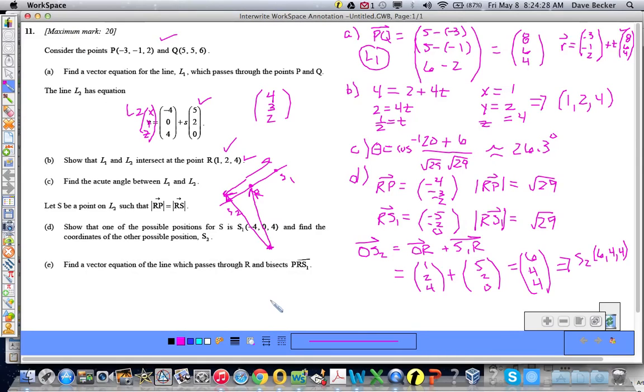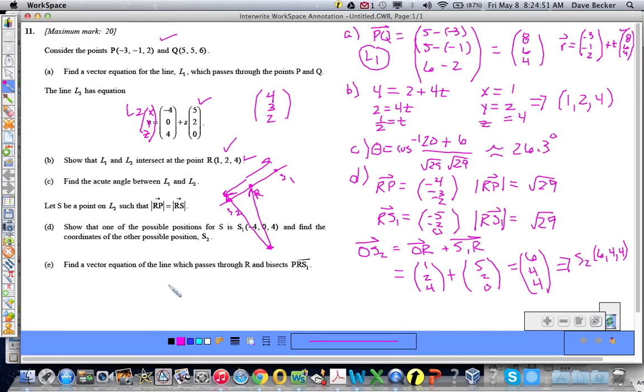Okay, so now we're going to find a vector equation of the line that passes through R and bisects PRS1, or we can think of that as vector PS. Okay, so what are we going to do here?